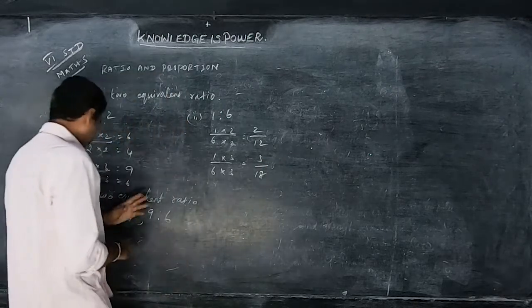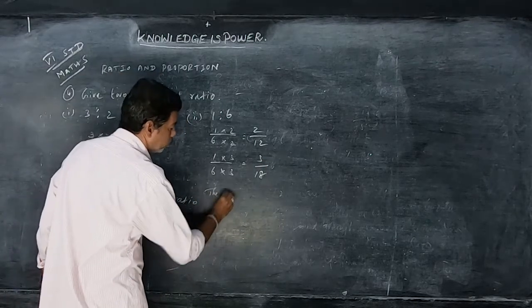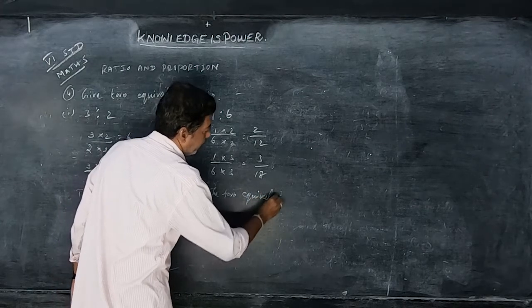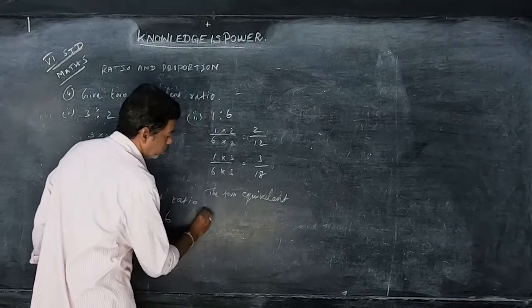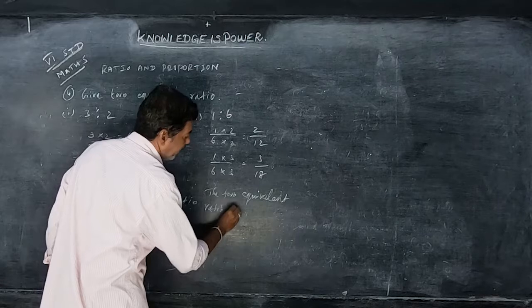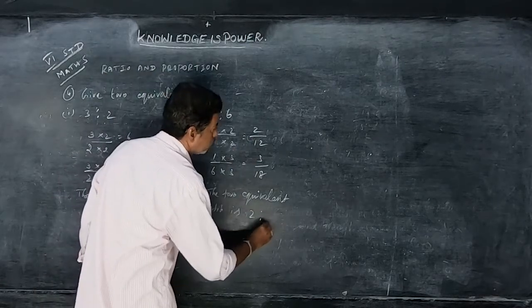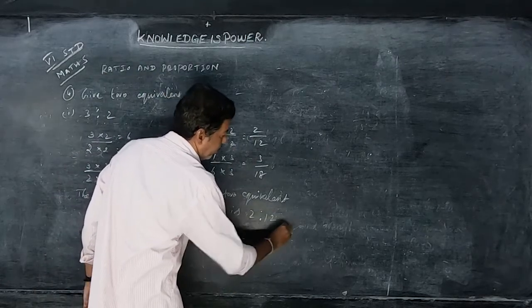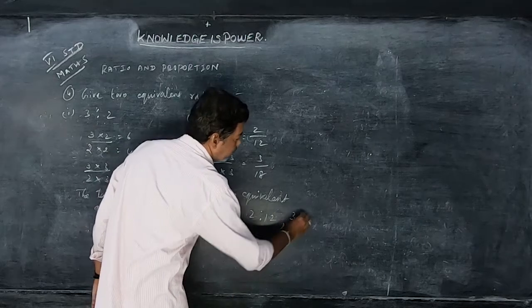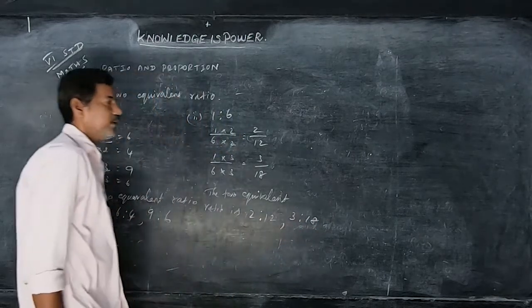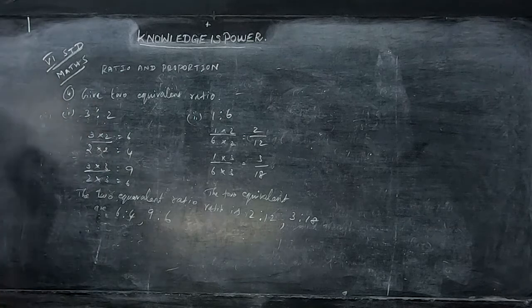So therefore the 2 equivalent ratios are 2:12, then 3:18. Comma இங்க comma போடு. இதானே. Can you understand that? Question number 2.